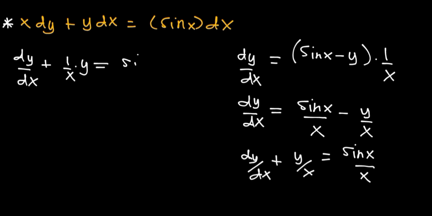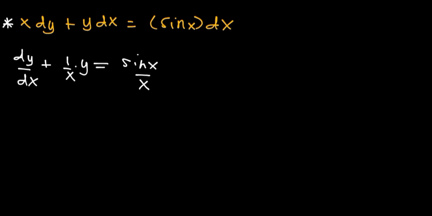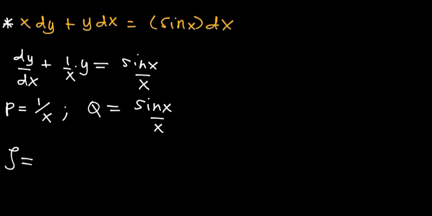This is equal to sine x divided by x. So that will be the real form of this first order linear equation. Now from here, we know that p is equal to 1 over x, and q is equal to sine x divided by x. So we need to find out what the integrating factor is.